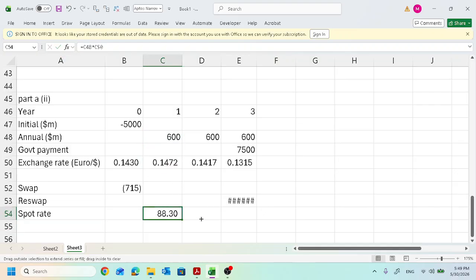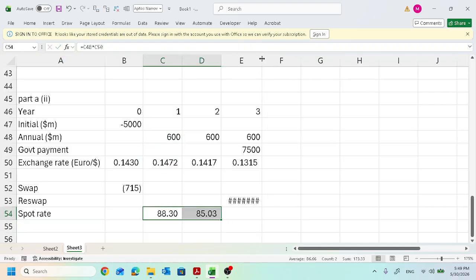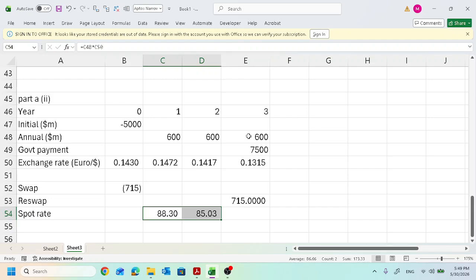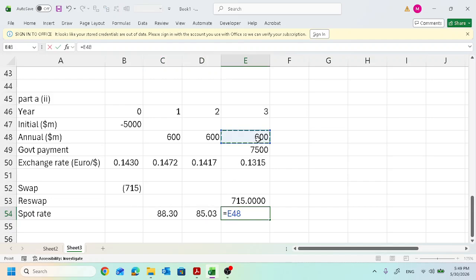Same for the other one also here. And last year, see this carefully. This 600, let me put in a bracket. This 600 plus, out of this 7,500, 5,000 was used for reswapping. There is another 2,500 balance. Correct?